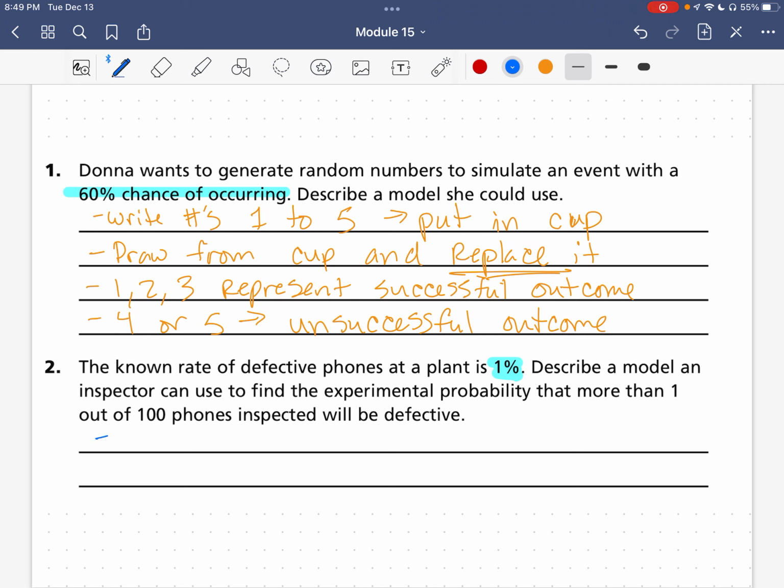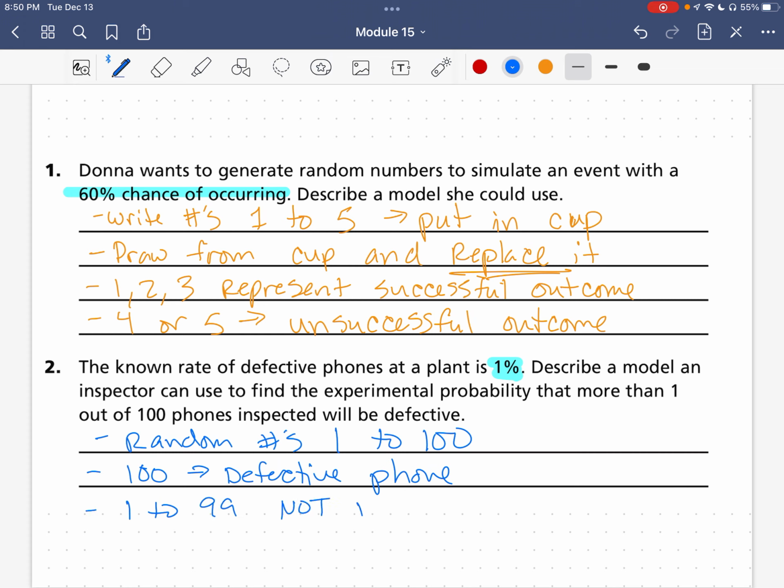All right, so we would generate random numbers 1 to 100 first, and then have 100 represent the defective phone, and 1 to 99 not defective.